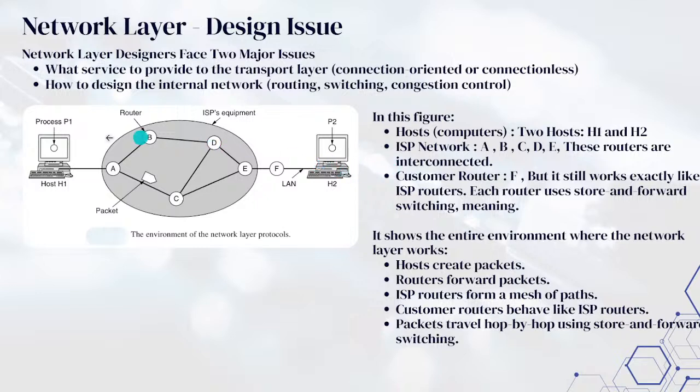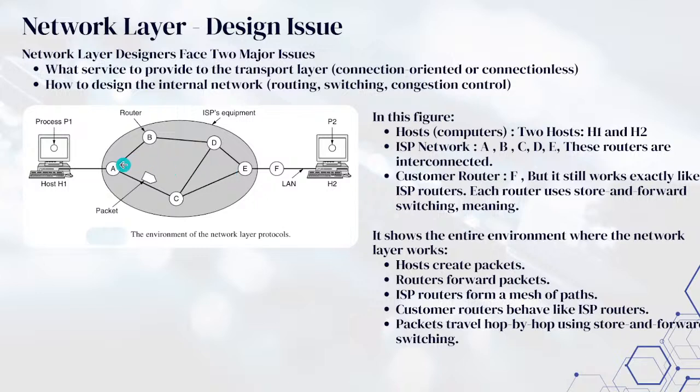So host 1 and host 2 are there, and the ISP network is A, B, C, D, E, which are interconnected networks, and F is a customer router, but it still works exactly as an ISP router. Each router uses store and forward switching, and this shows the entire environment where the network layer works.